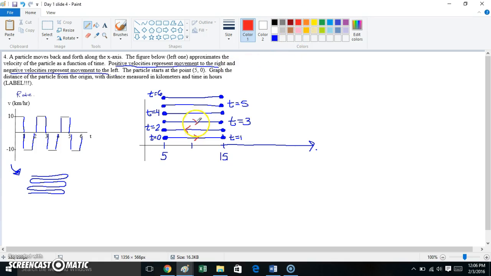And I'll add my arrows to give it direction. Okay, so you could have drawn a graph that just went from left to right and sort of did a little zigzag turnaround at each of those times.